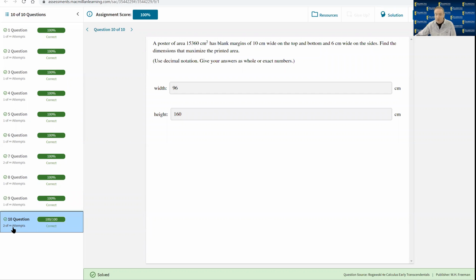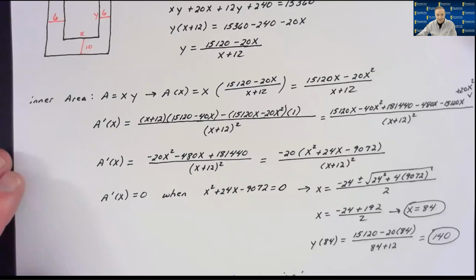Oh, no, I don't think so. What I did initially is I found the area of what's inside because I thought that would be the printed area. The correct answer to this, they're actually wanting the area of the entire poster. That's what they want. So I'll point that out as we go into it in the problem.